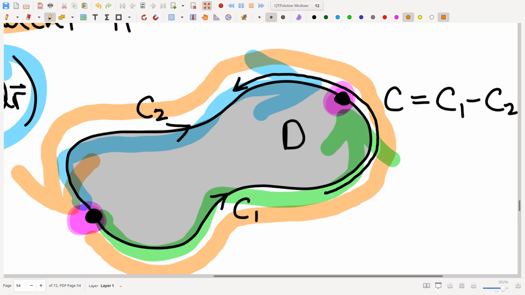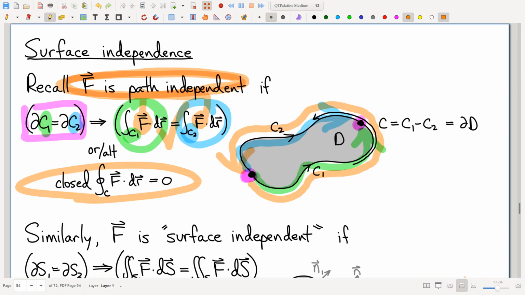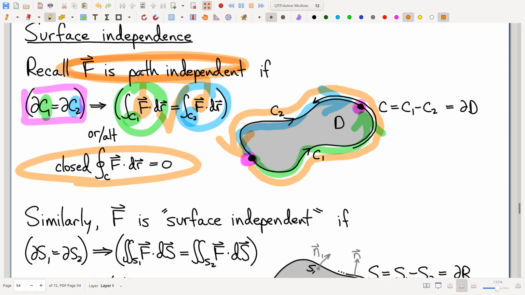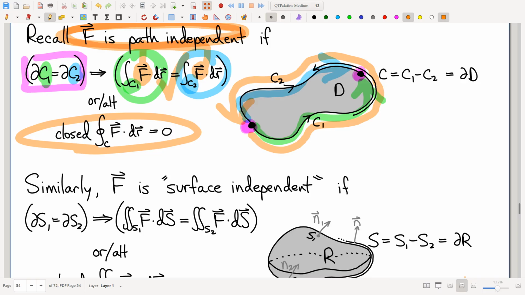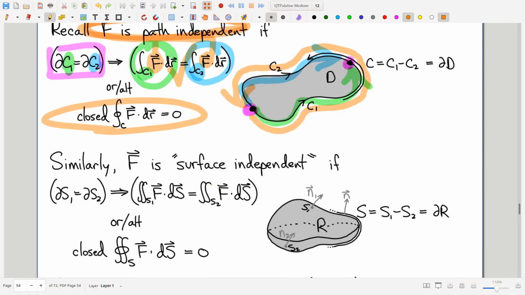Okay. All right. Everything that just happened, there is an analogous idea one dimension up. And this is going to give us this thing called surface independence. It's really wild.